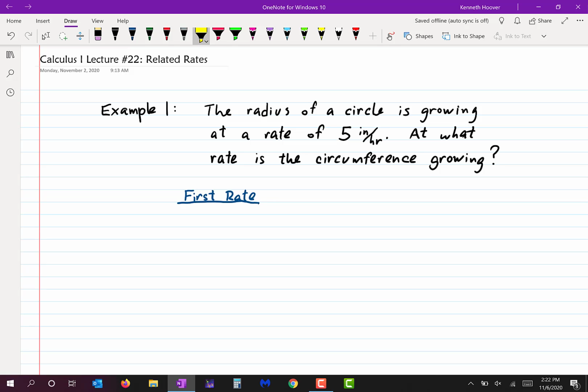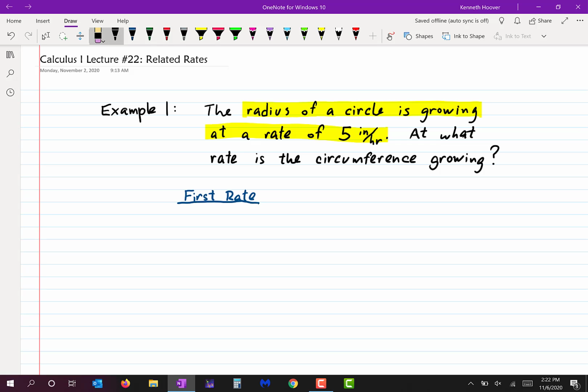Let's highlight it. The radius of a circle is growing at a rate of 5 inches per hour. Okay? So in other words, they're telling us the derivative of the radius is 5.